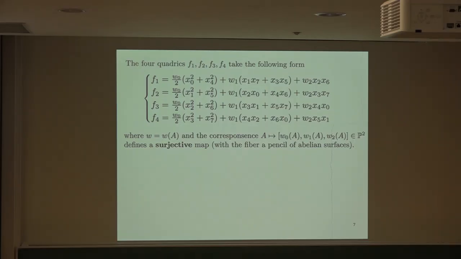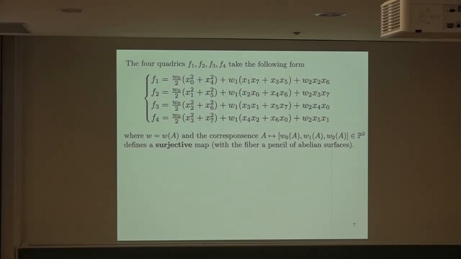And after the fiber, I will explain the result. If we assume this is surjective, then take the abelian surface, an abelian variety.